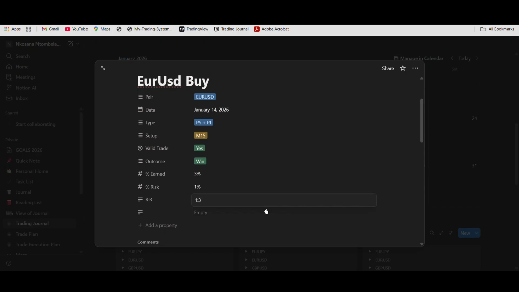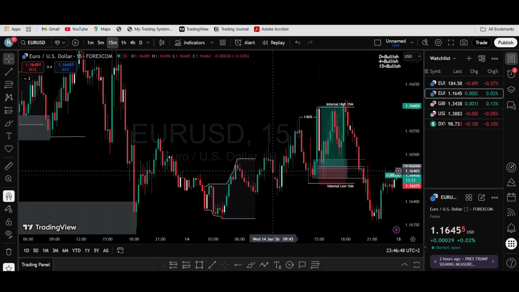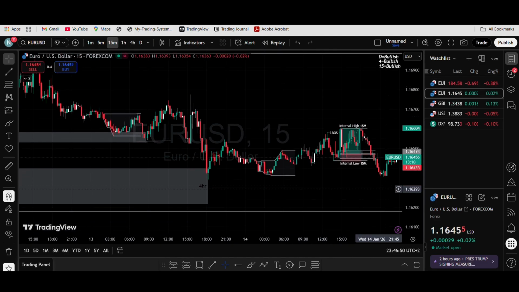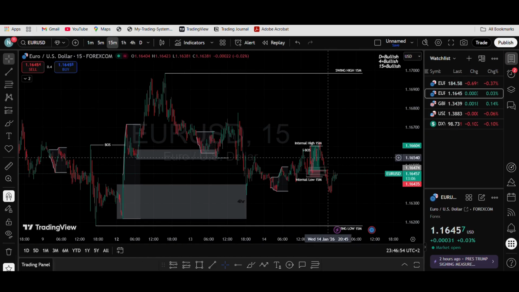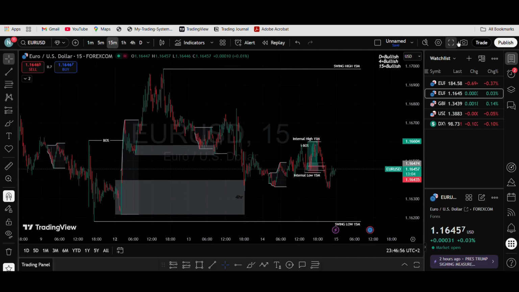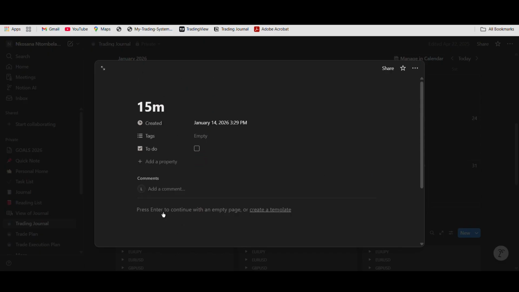Yeah. And then the only thing left is just to add a screenshot depicting the trade in its entirety, right? Showing the structure and the trade. Copy image, and then M15 here.